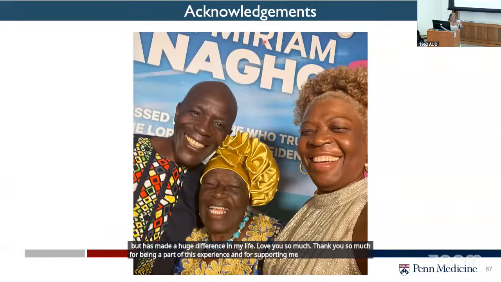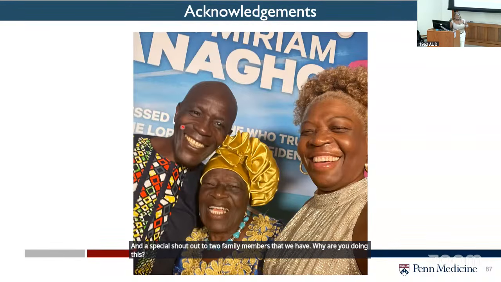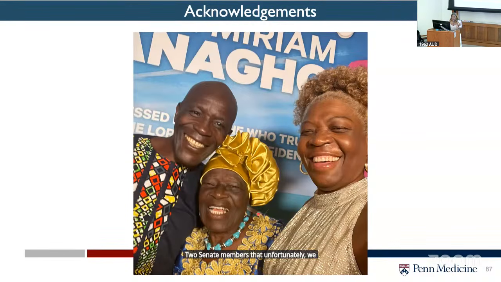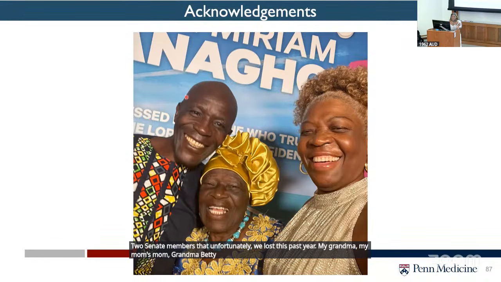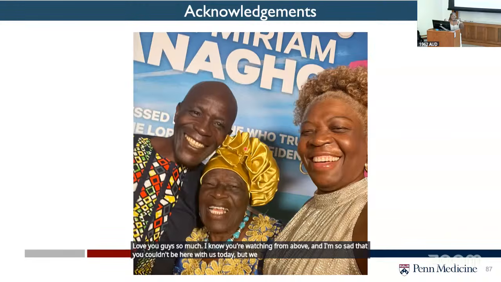And a special shout out to two family members that unfortunately we lost this past year. My grandma, my mom's mom, Grandma Betty, and then my uncle Ojuku, who unfortunately is another victim of the fatal opioid crisis. We love you guys so much. I know you're watching from above, and I'm so sad that you couldn't be here with us today, but we really do love you, and you are in here with us.